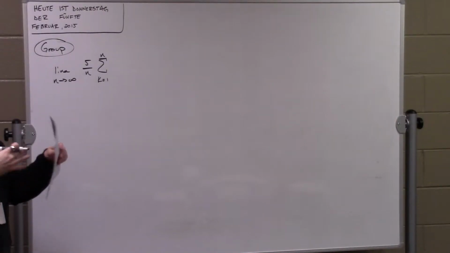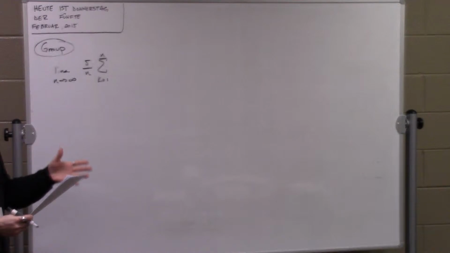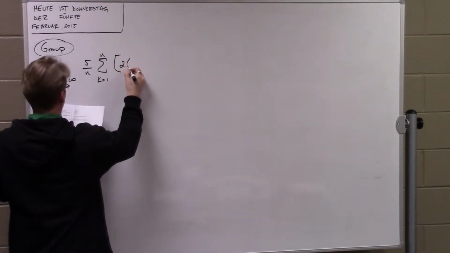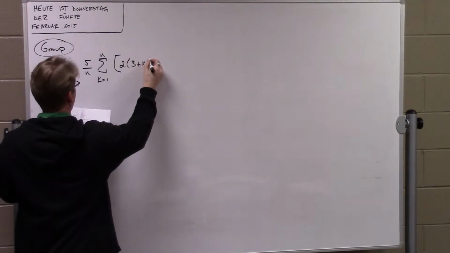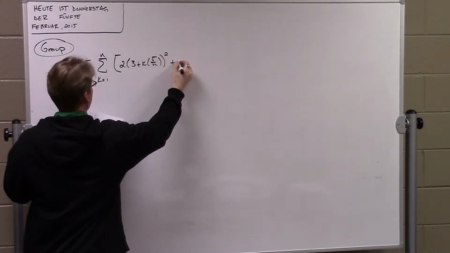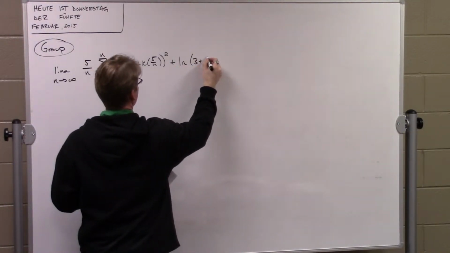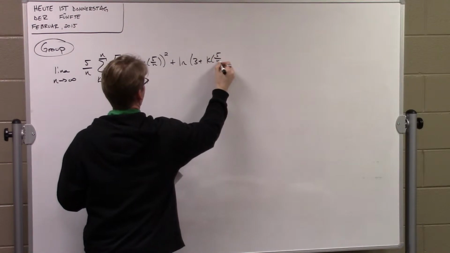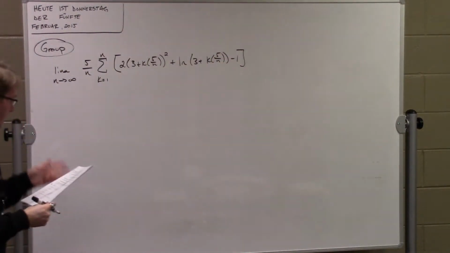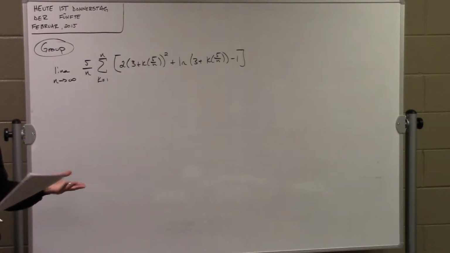What this really means is all the area from here to here of this function. So you needed to convert this. We have 2 times (3 plus k 5 over n) squared plus natural log of (3 plus k 5 over n) minus 1, yada yada. Okay, part A and B, what function is this and what region is this?